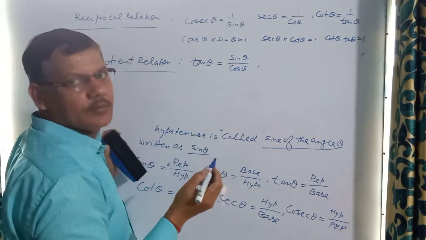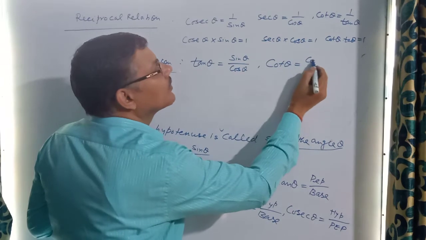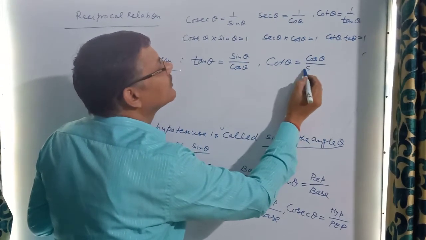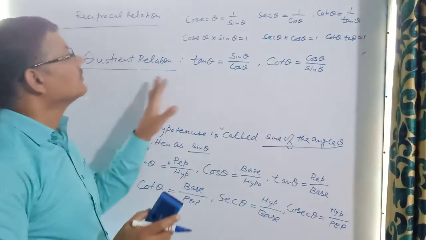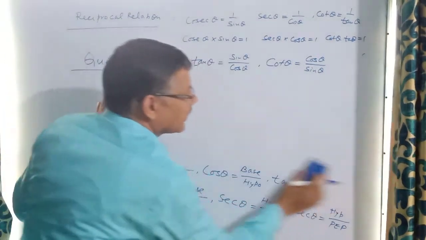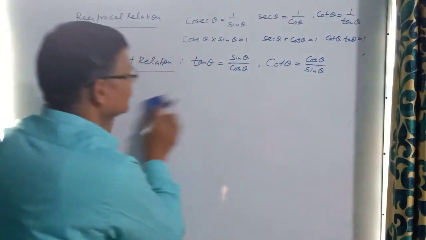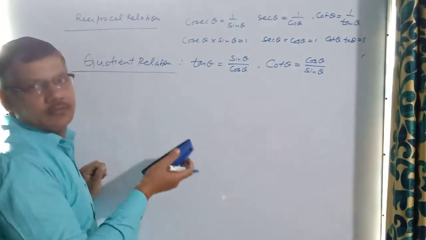At the same time, we may write cot theta equal to cos theta by sin theta. These two relations are called the quotient relation. Now we may define the same 6 ratios by using the definition of the unit circle.